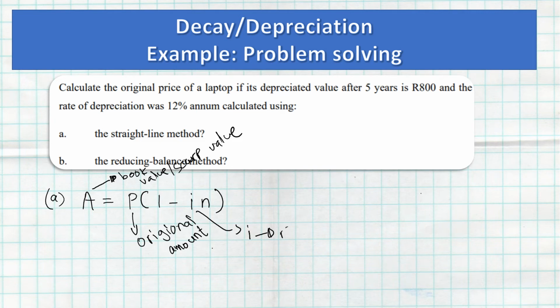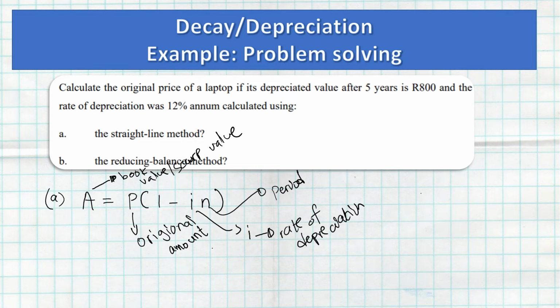It is the rate of depreciation, and our N definitely is the number of years or the period of depreciation. Okay, so you can see that your A is your book value. That is the value that you'll get after depreciation has taken place, right? So that is your A.